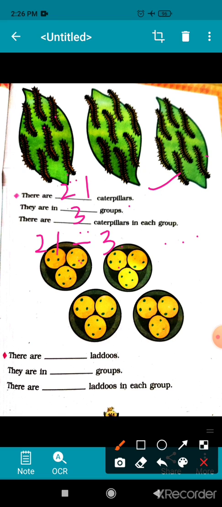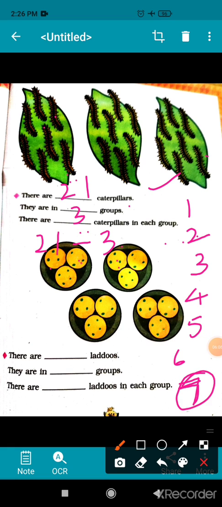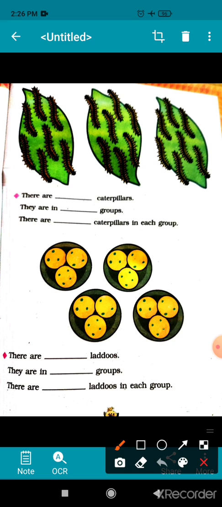How many times do you read the table to get 21? 3 ones are 3, 3 twos are 6, 3 threes are 9, 3 fours are 12, 3 fives are 15, 3 sixes are 18 and 3 sevens are 21. It means you read the table 7 times. So what answer will you get? There are 7 caterpillars in each group.